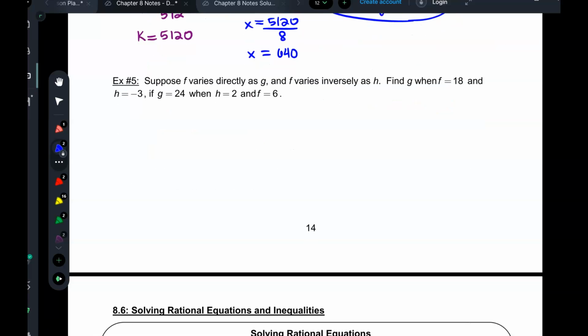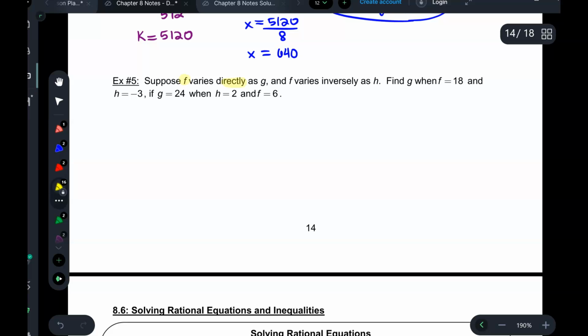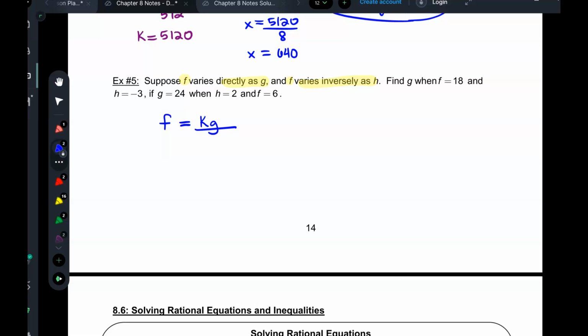Now this one we have two things going on. We have F varies directly as G, and F varies inversely as H. So F varies directly as G, and K is always going to go on the top.